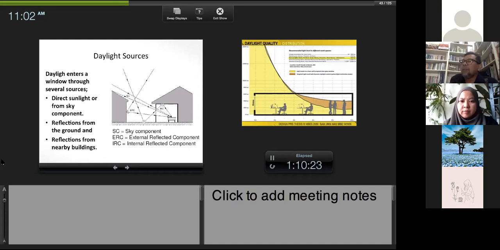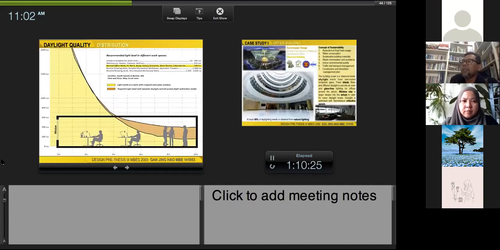This one you dah present kan hari tu, daylighting. Kalau kita nak memahami daylighting kat luar tu, saya sebut tadi boleh pergi sampai 2,000, 10,000 lux. Tapi kalau you buat bangunan, the depth of the building, kalau kita lihat di sini 10 meter, so they will reduce drastically daylighting towards the inside of the room.